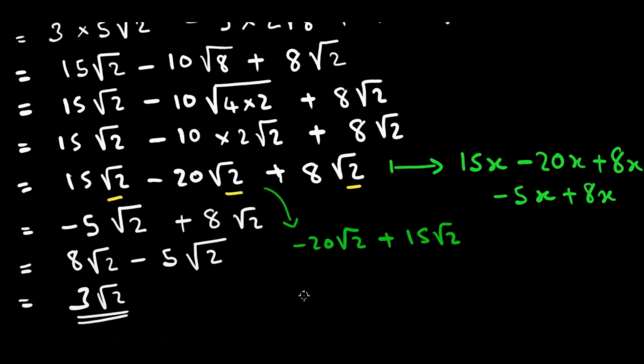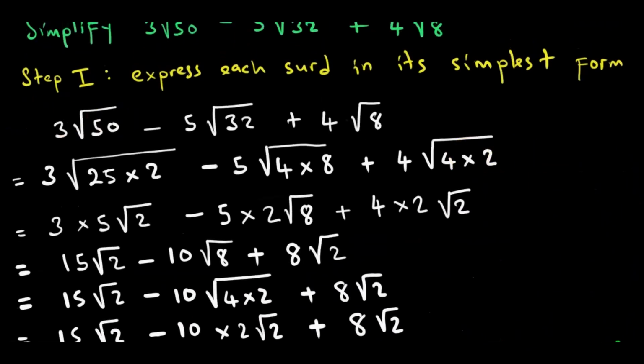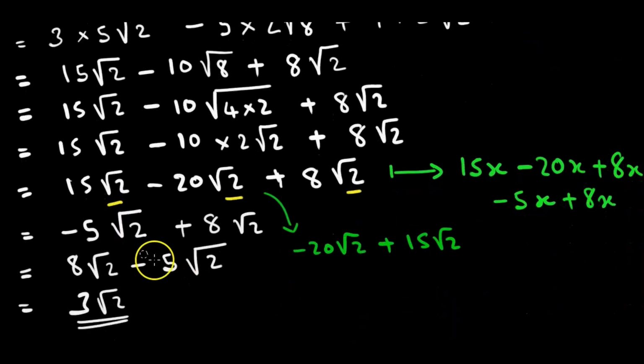So basically this is what we do to get to our answer. If we are to reiterate, here we introduce steps. The first step, we express each side in its simplest form. So that is what we kept doing until we reached here.